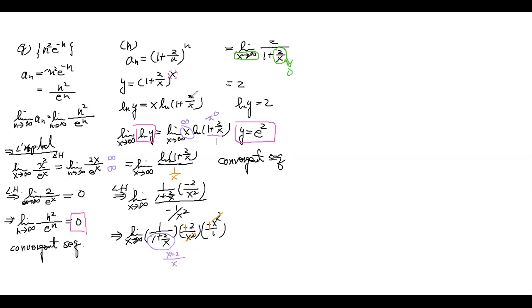Now let's take a look at another skill. It's a review of what you learned in Calculus 1 when you talked about limits. You can take the natural log of both sides and simplify it. Now let's take a look at problem I. I have a special way to do it also.